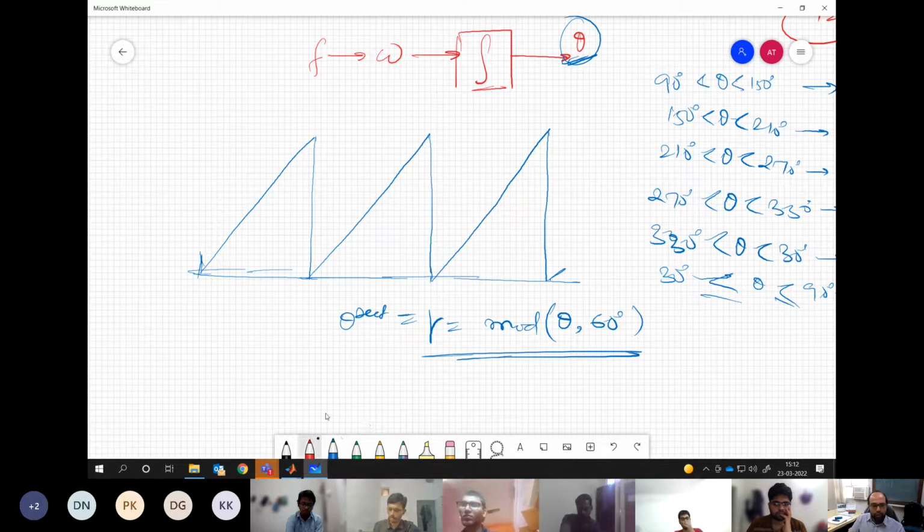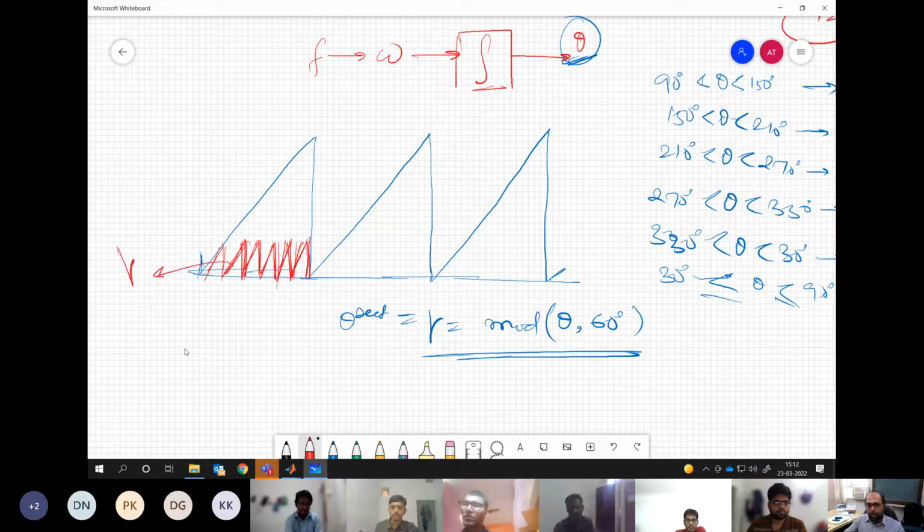This will result in 6 repetitions of gamma within one theta cycle. 0 to 60, 0 to 60, 0 to 60, it will repeat itself. Understanding my point? This is the information about gamma.